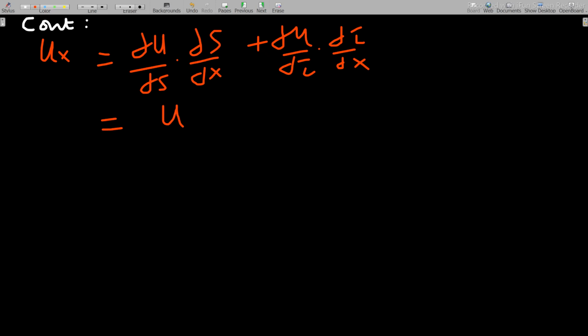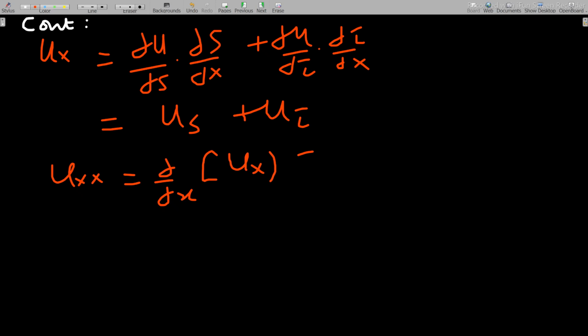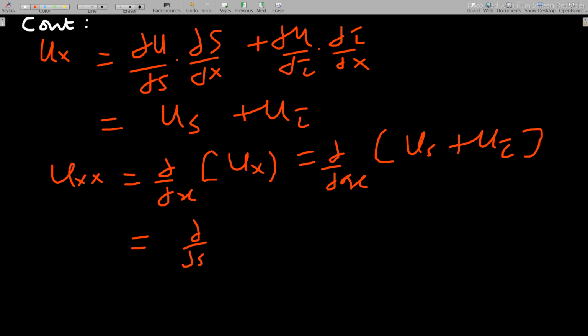Okay, so you have U_S plus U_tau, both of them like that, and U_XX is actually equal to del X of U_X, which is equal to del X of U_S plus U_tau, and this will give me del S of U_X plus del tau of U_X.